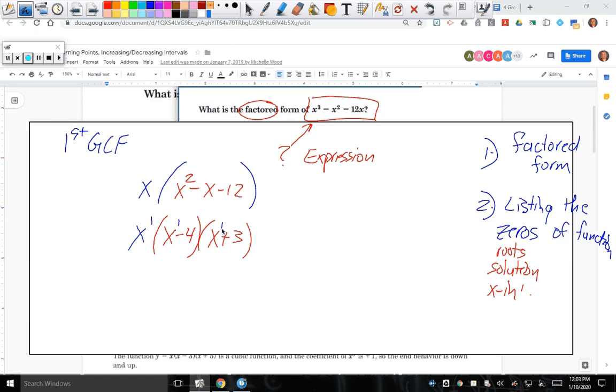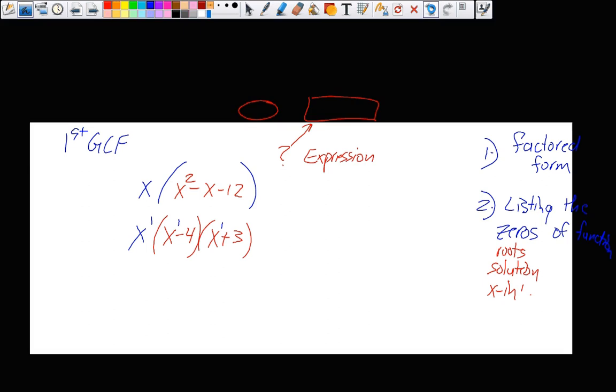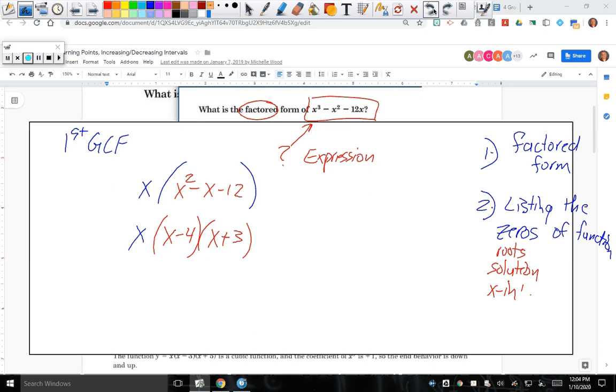All of these x's are to the power of 1. And once you get all the way to 1, you stop. Okay? That's how you know you're fully factored and fully reduced in that sense. Right? It's an understood 1. Technically the 1 is here and the 1 is here. These are small details but big in importance. Okay, so right now I'm done with the question. This would be the answer. This is the factored form.